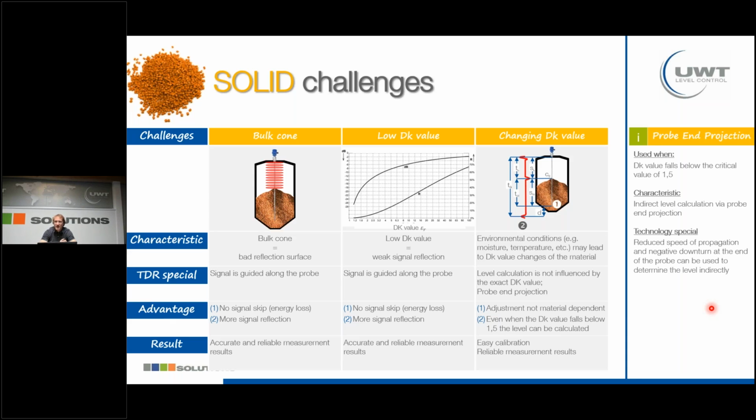With this feature, the level is then determined indirectly. So you always get a signal, even if the decay value changes. And so you have a reliable measurement and do not have to care about any decay value changes due to humidity or other environmental conditions.